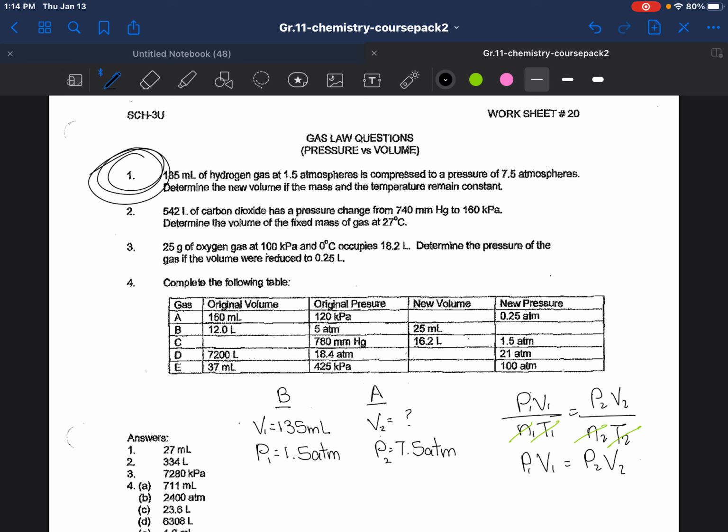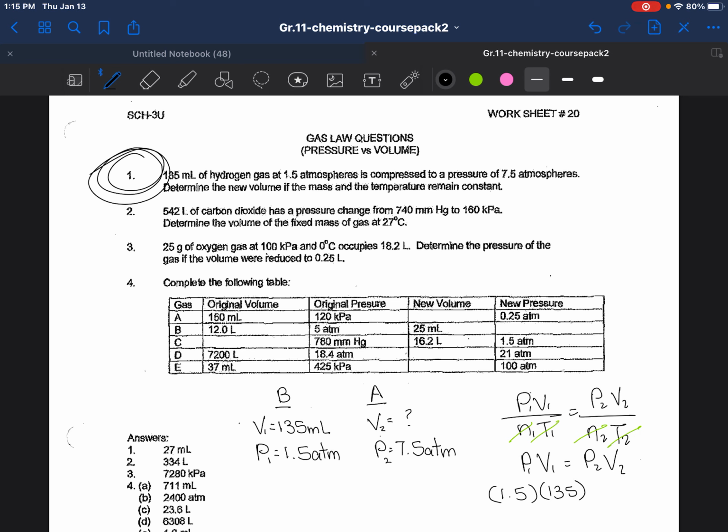Okay. Now, one of the things that you have to make sure of when you're doing questions like this is that the units are consistent. Take a look at pressure. Are the units consistent? Do I have one atmosphere and the other one being something else? The answer is no. They're both atmospheres. So thank goodness, because you can just plug those numbers in.